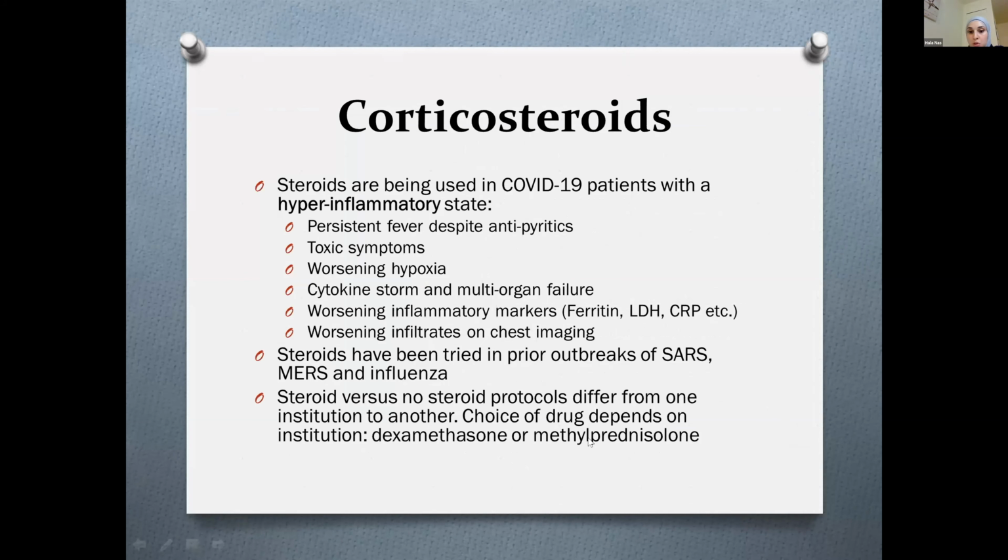Our institution was using them. Other institutions in Southeast Michigan were using them. The choice of steroid also depends on the institution. I've seen some protocols use dexamethasone. Other institutions use methylprednisolone, and I'll talk about the choice of these medications in the coming slides.